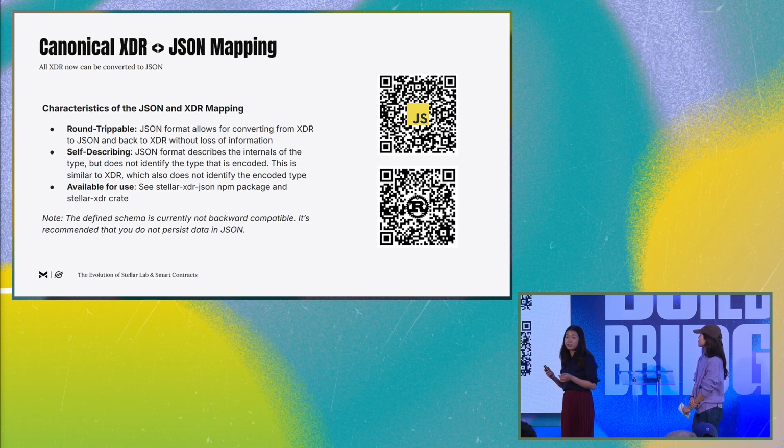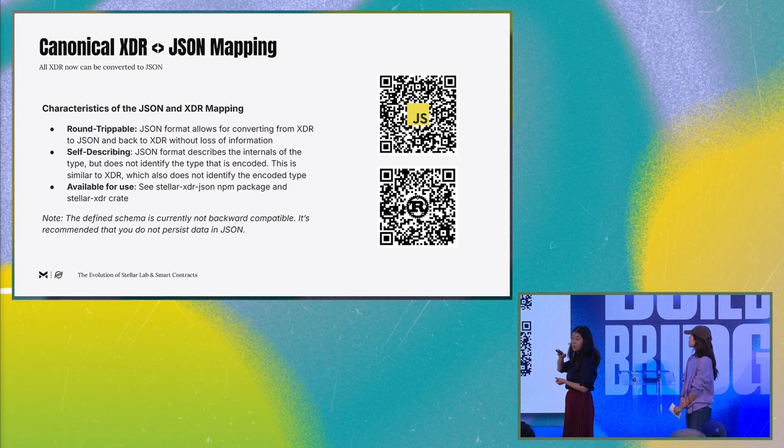And it's also self-describing. So the JSON has field names and values, but it does not describe its type. And this matches how XDR works, which self-describes the field name and the value, but does not define the encoded type.